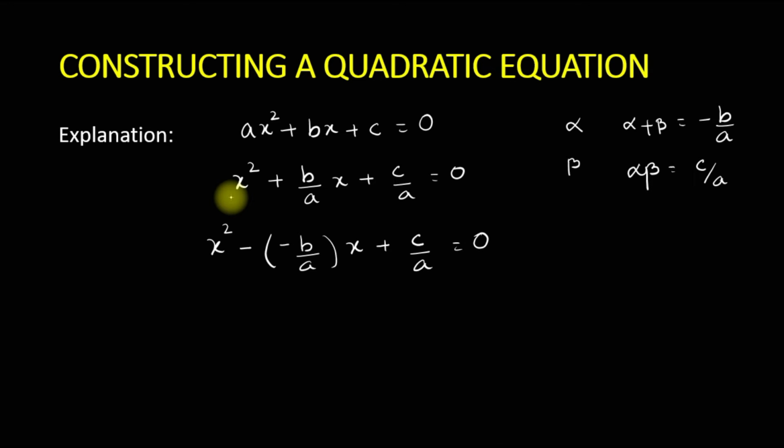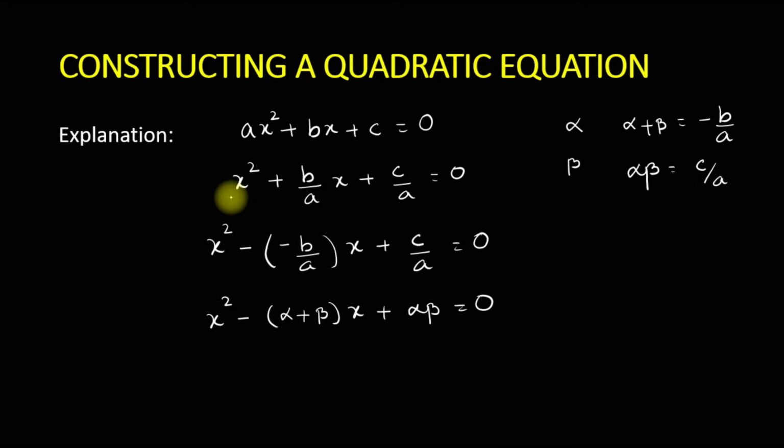Now as we know, minus b over a is nothing but the sum of roots, and we already assumed that alpha and beta are the roots of the quadratic equation. So we can write x square minus, the sum of roots, alpha plus beta, in place of minus b over a, into x plus c over a, the product of roots, alpha and beta.